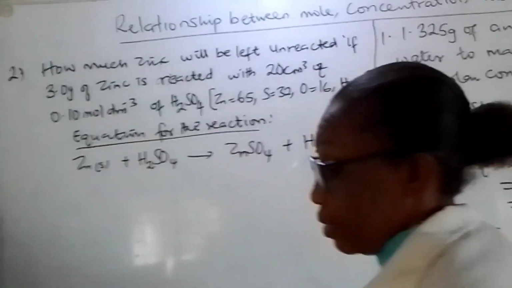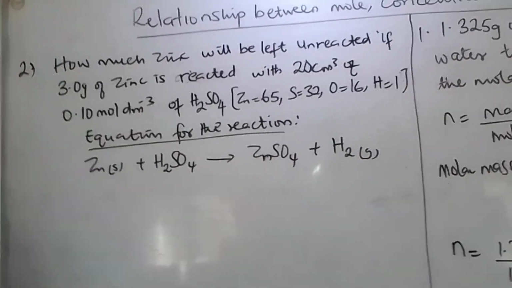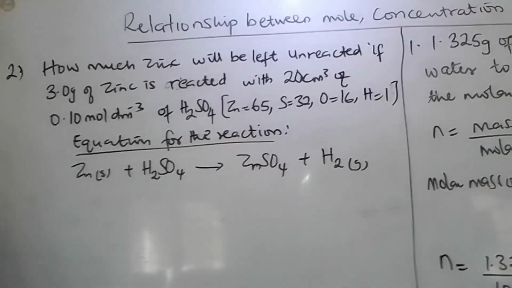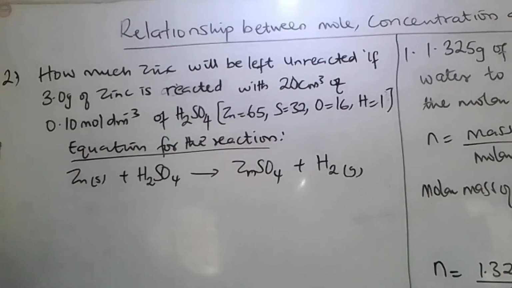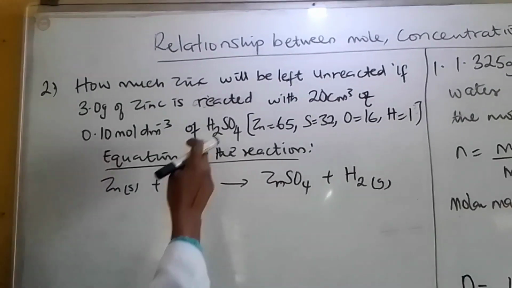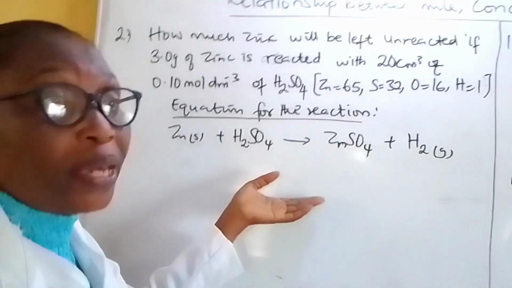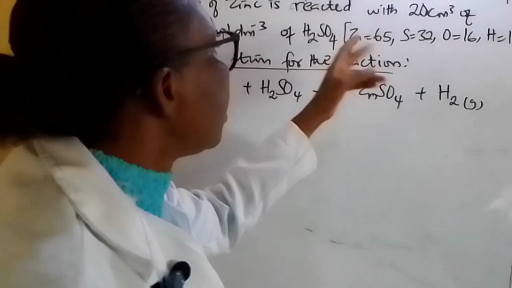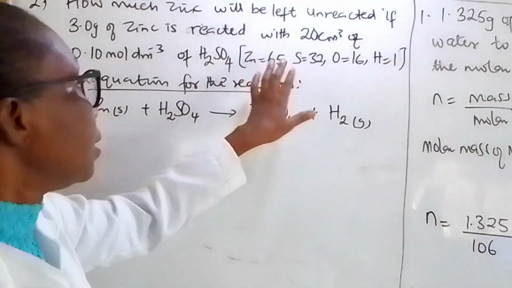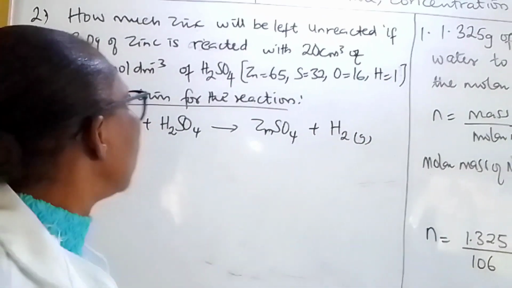The question says, how much zinc will be left unreacted if 3.0 gram of zinc is reacted with 20 cm cube of 0.10 mole per dm cube of tetraoxosulfate 6 acid, given that the relative atomic masses of zinc, sulfur, oxygen, and hydrogen are 65 for zinc, 32 for sulfur, 16 for oxygen, and 1 for hydrogen.